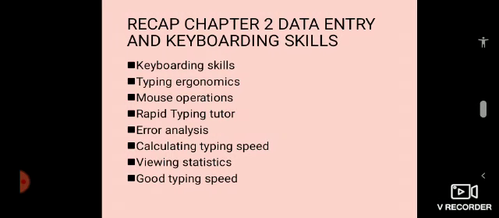After practicing, you can check with your error analysis and statistics what mistakes you have made, and what you are supposed to do to improve your typing speed. Okay children, so these are the topics we have seen in our previous sessions of chapter 2.